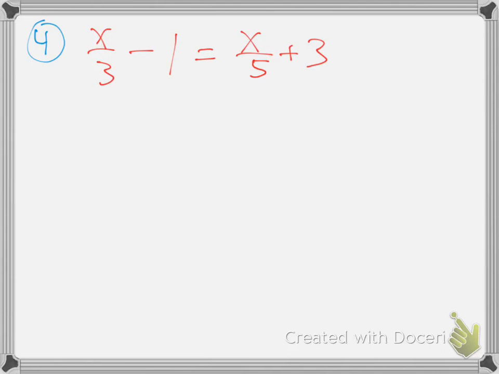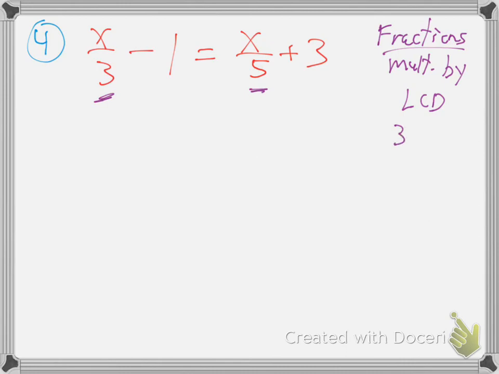So when you have fractions, multiply by the LCD, the common denominator. What's the common denominator? You've got to use the 3 and the 5. They're both denominators, and 3 times 5, 15, is the LCD.